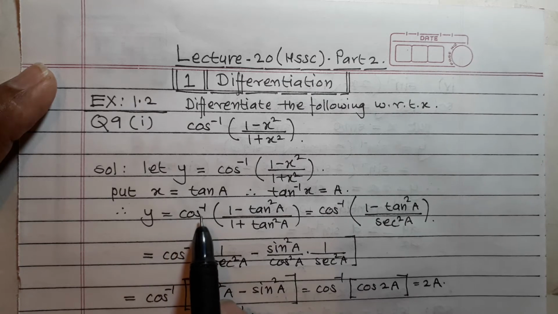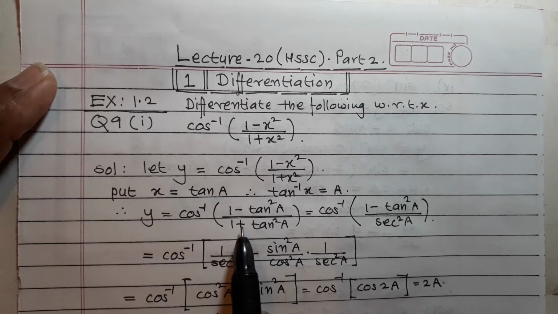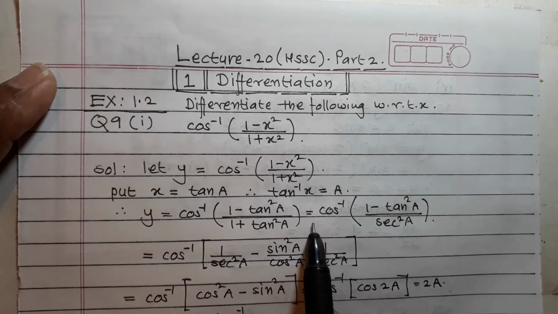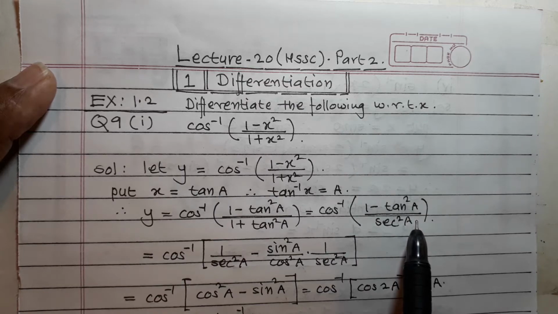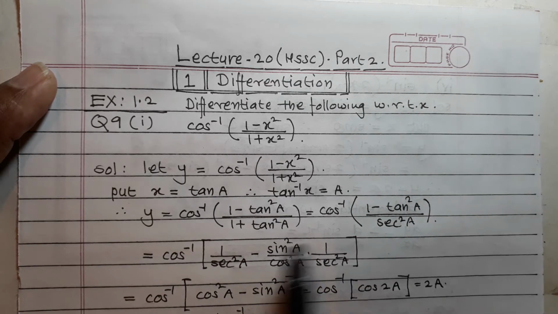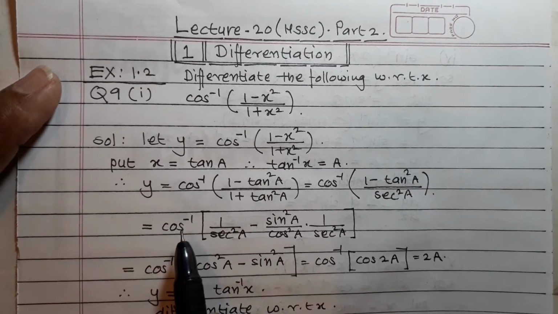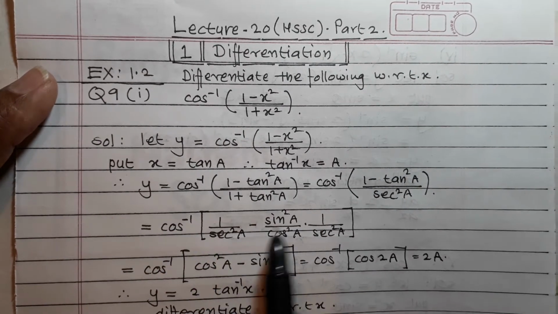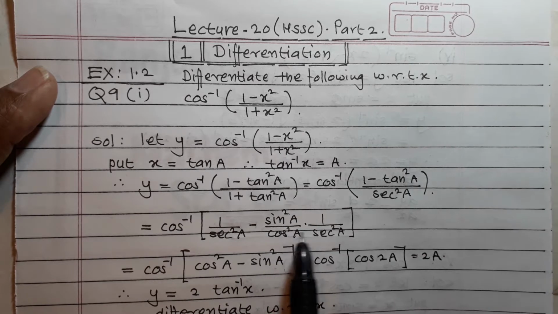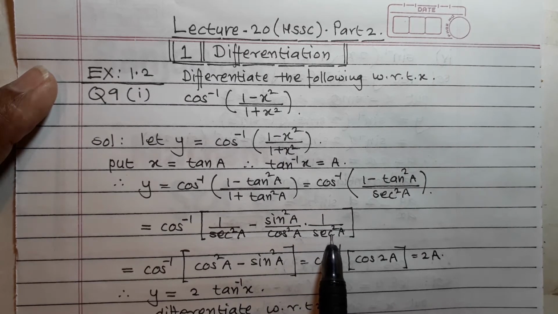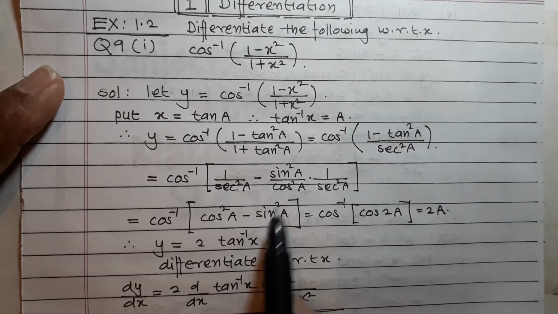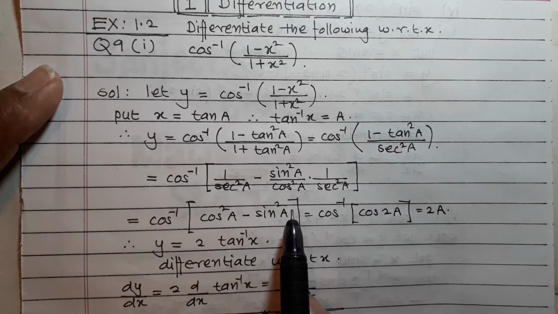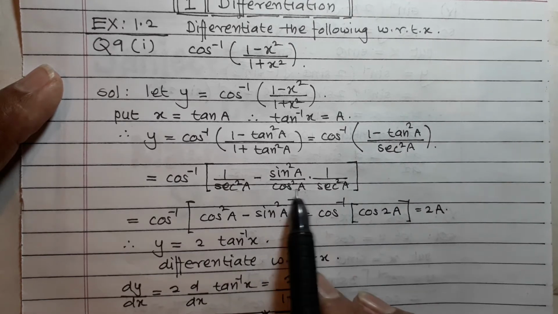Now y is equal to cos inverse (1 minus tan square A) upon (1 plus tan square A), which is equal to cos inverse (1 minus tan square A) upon sec square A. Therefore y is equal to cos inverse of 1 upon sec square A minus sin square A upon cos square A into cosec square A, that is cos inverse of cos square A minus sin square A, because this and this get cancelled.